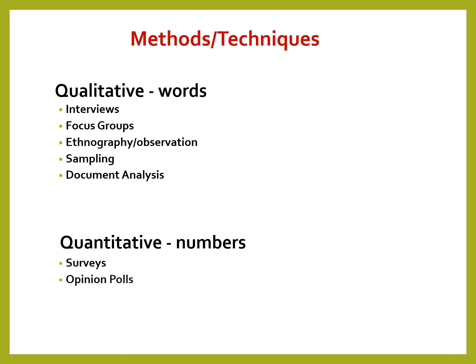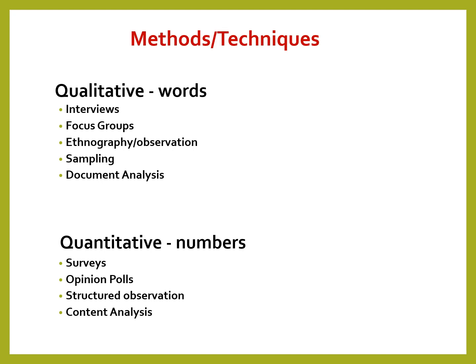And here you have a list of different techniques that researchers use, such as interviews, focus groups, observation in ethnography, sampling, document analysis, and more. Whereas in the quantitative set, we will generally find surveys, opinion polls, structured observation. We can also add here structured interviews, content analysis, and so forth. As said, we will be discussing all these techniques in the coming weeks.